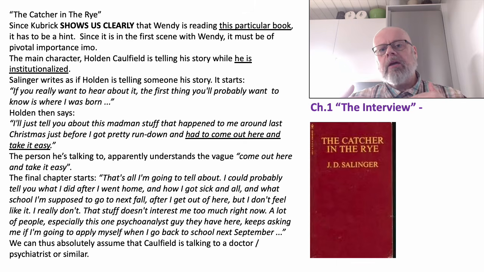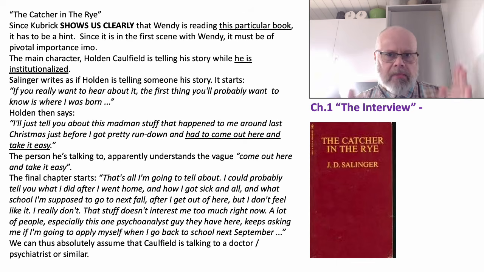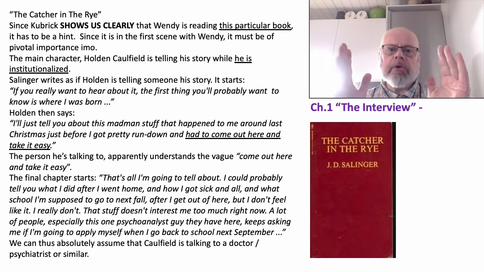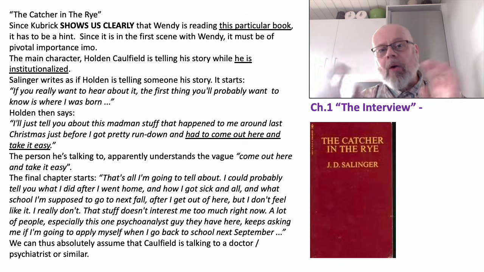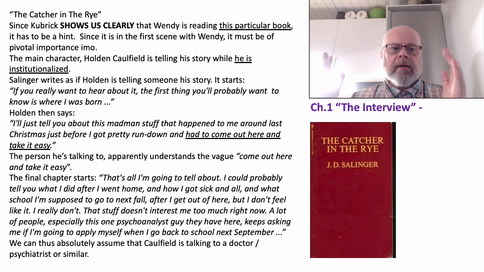We get his description of his first-person memory of his experience back then at Christmas. What we are getting is the actual first-person view of Wendy's story of why she is in this institution. She's trying to figure out a story to explain so she doesn't feel crazy or something like that, right? She probably is half crazy, but somewhere in the spectrum.